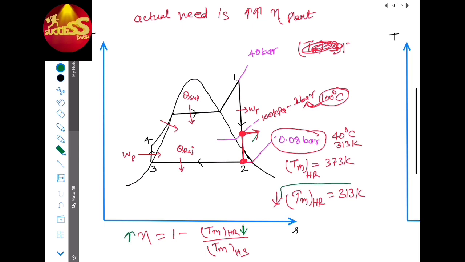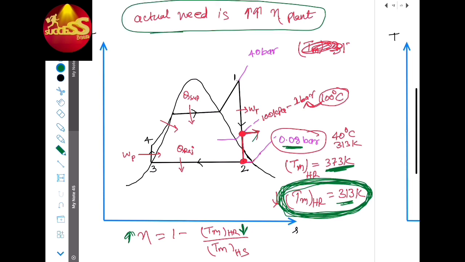So what is the condenser doing? It is facilitating the steam to condense at 313 Kelvin, because due to the condenser the pressure is 0.08 bar, and according to 0.08 bar, the saturation temperature of condensing steam is 313 Kelvin, which is much below the temperature corresponding to 1 bar. So T mean of heat rejection decreases, so efficiency of the plant increases. So the actual need of the condenser is to increase the efficiency of the plant.